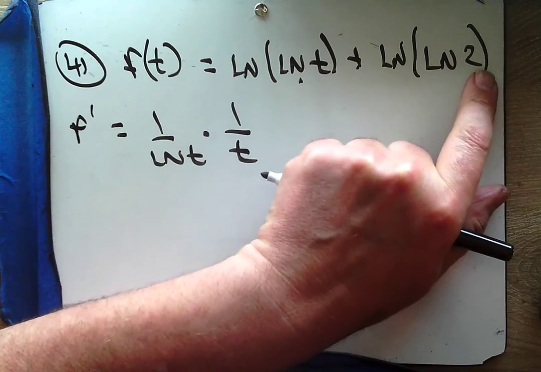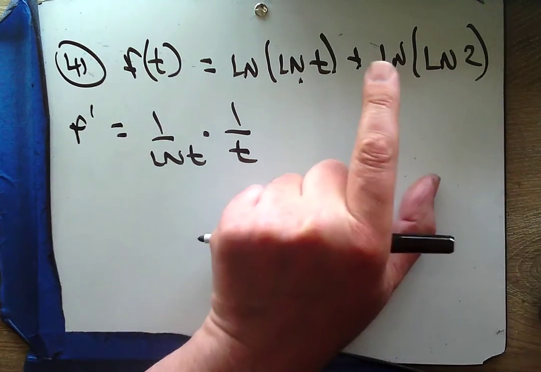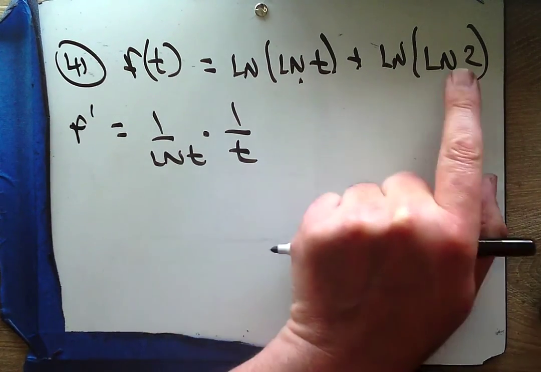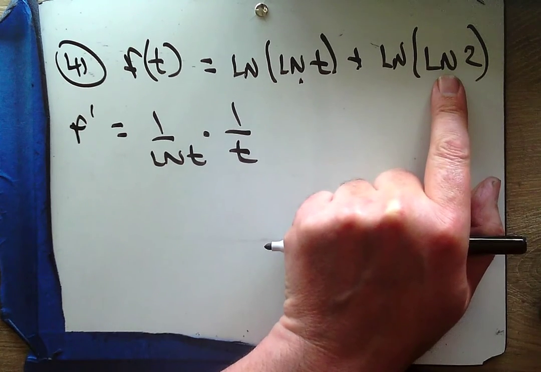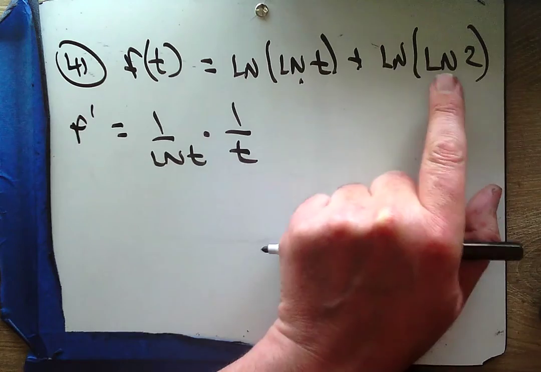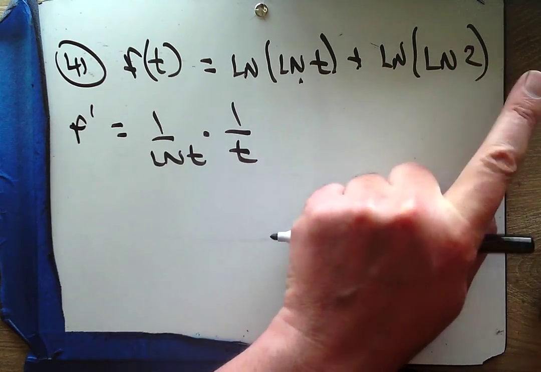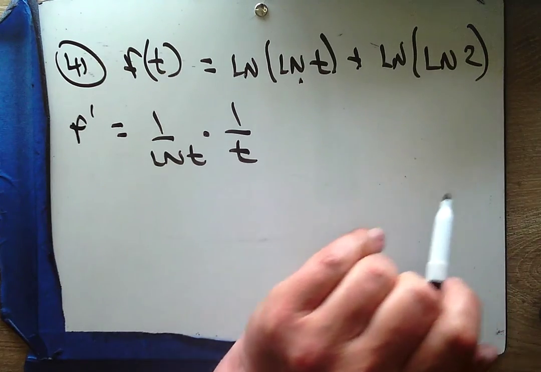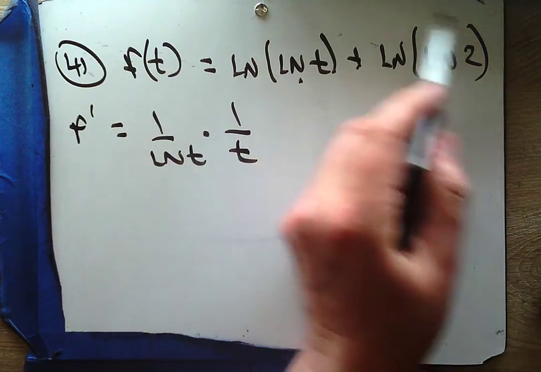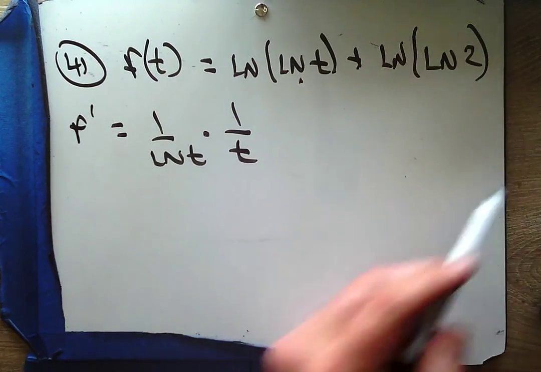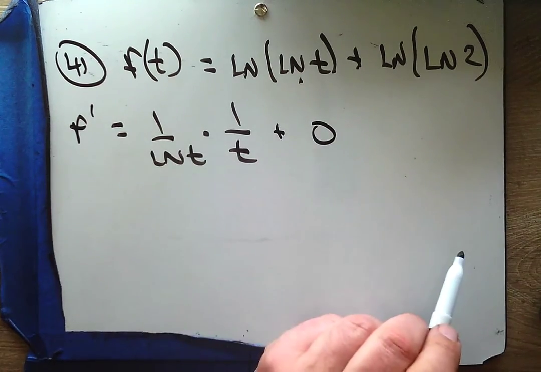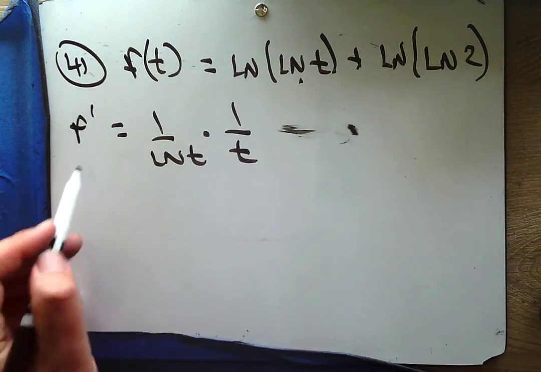The ln of 2 is a number. The ln of a number is a number, unless that number is 0 or negative. But ln of 2 is not 0 or negative. So this is just a number, and the derivative of a number is 0. So there's my answer. 42.